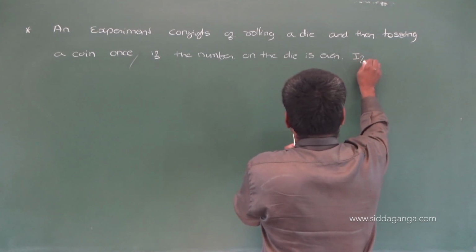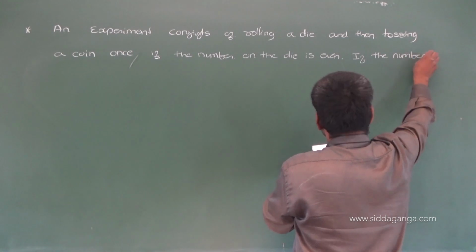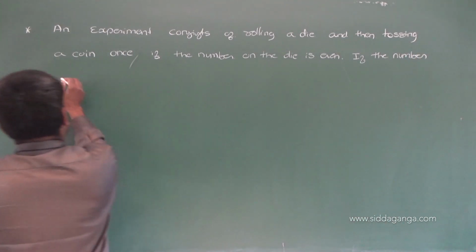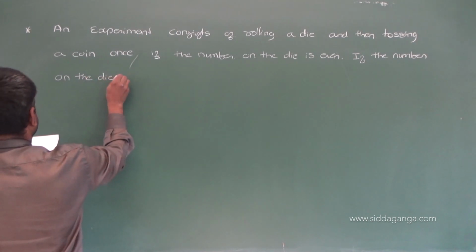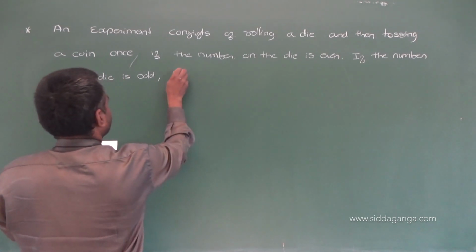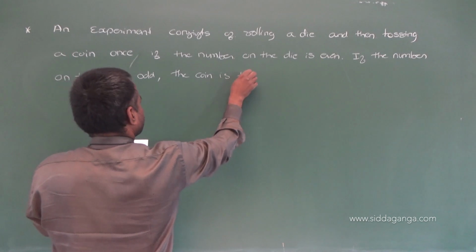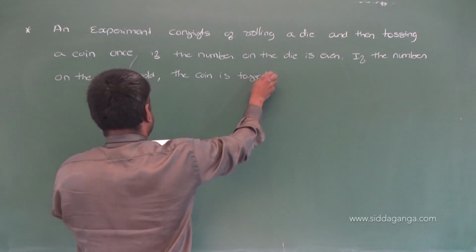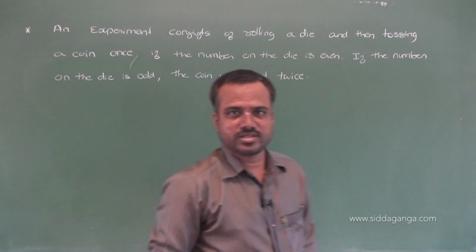If the number on the die is odd, the coin is tossed twice.